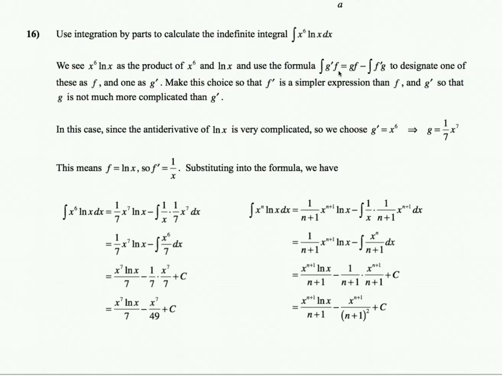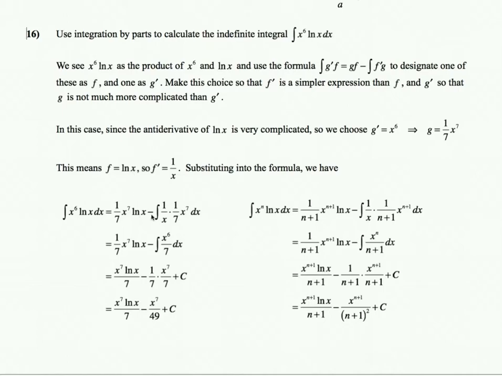So g prime is x to the 6th, so x to the 6th goes here. F is natural log, so natural log goes here. Then on the right side of the equation, g is 1/7 x to the 7th, so g here. And then f is natural log of x, so that goes here.